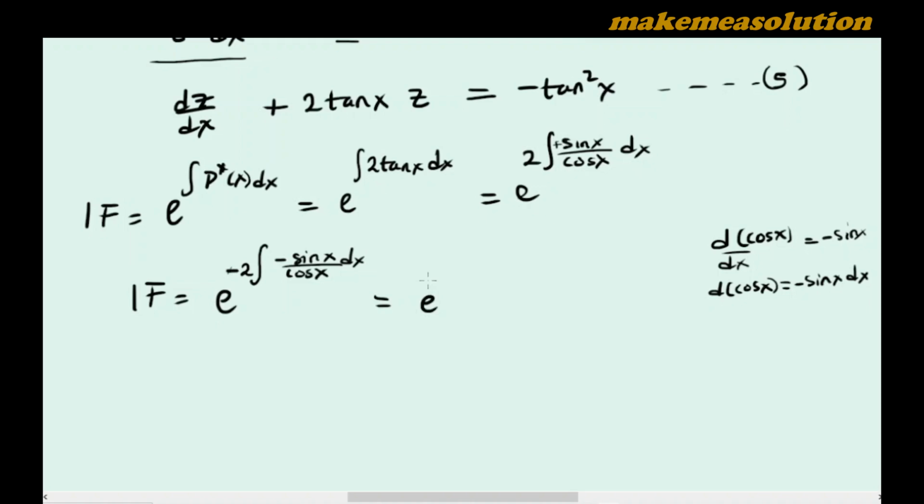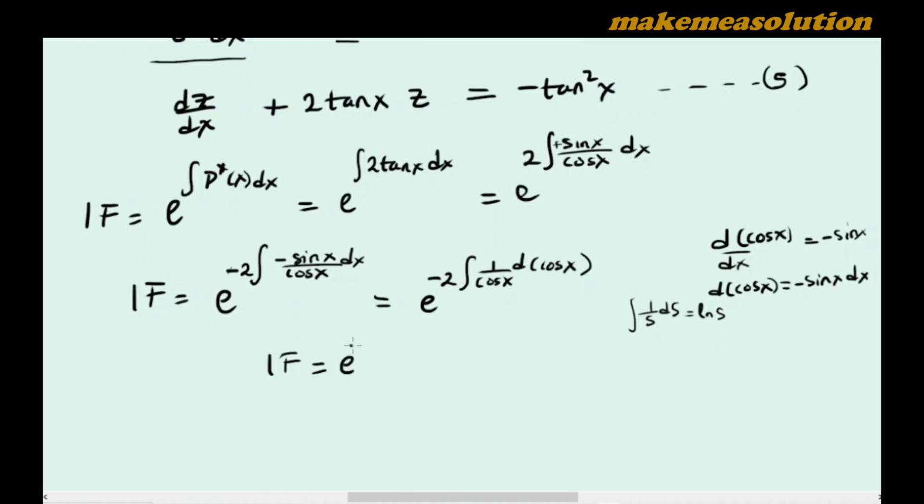So this is exponential of minus 2 times the integral of 1 over cos x, since minus sine x dx is d of cos x. Is that okay? So remember, the integral of 1 over something is ln of that something. So the integral of 1 over cos x d of cos x is going to give me ln cos x.